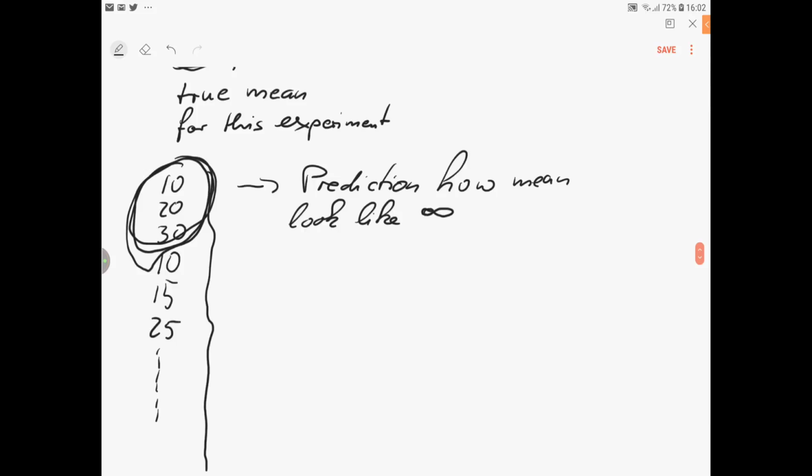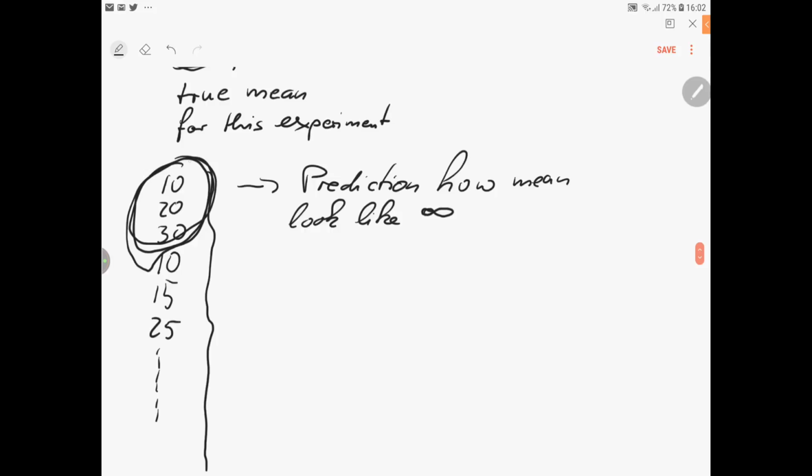Of course, we can't do the experiment an infinite number of times, but we could at least try a lot more. But then we might be a little bit lazy and not want to do that. So how can we predict?